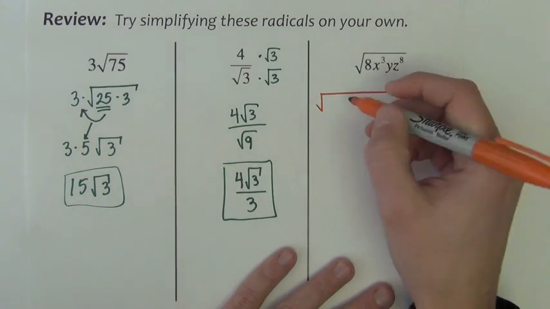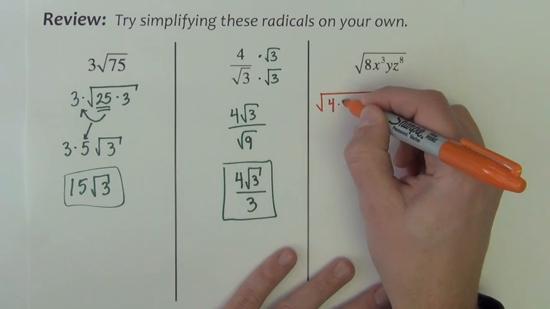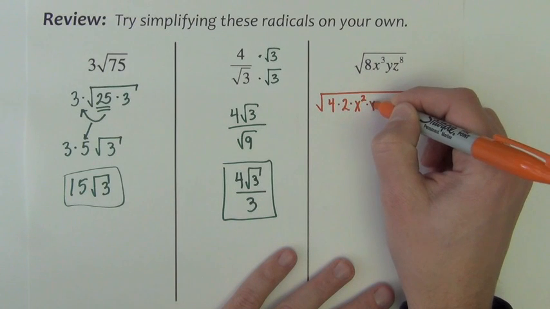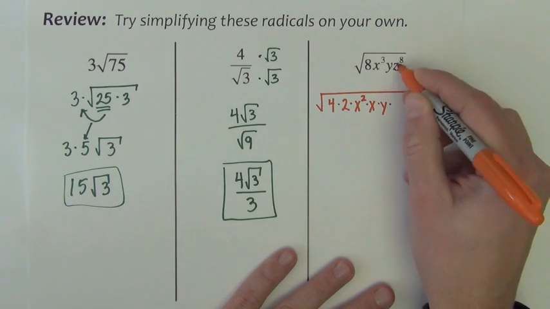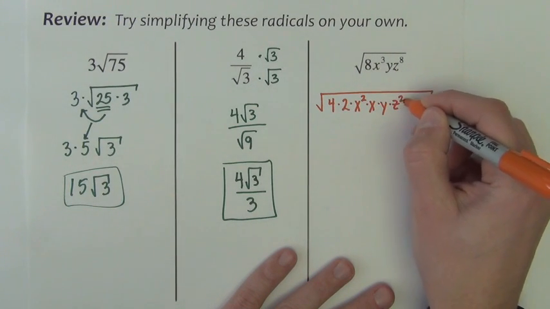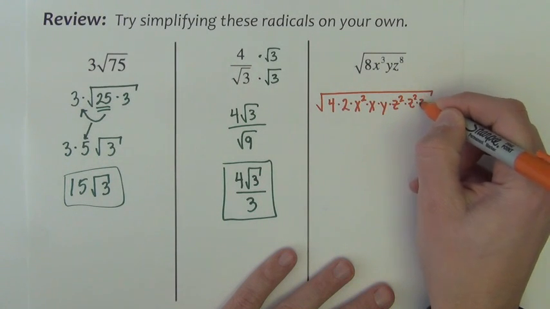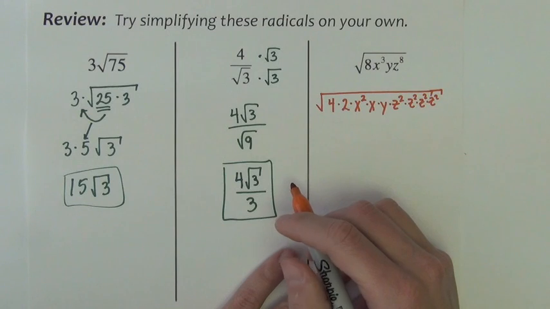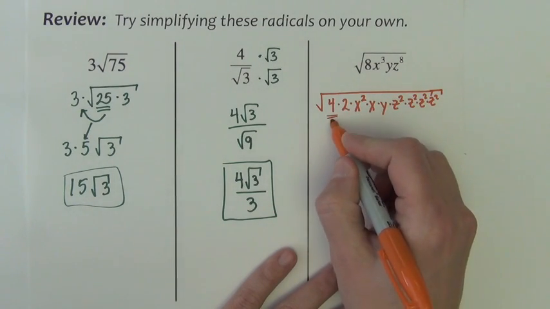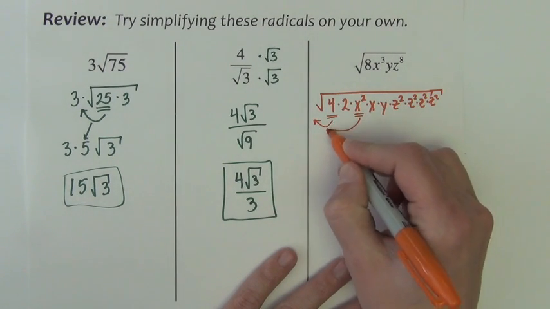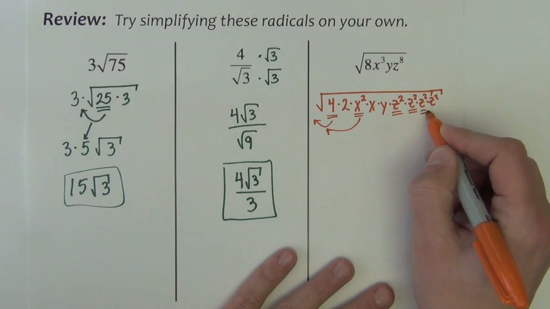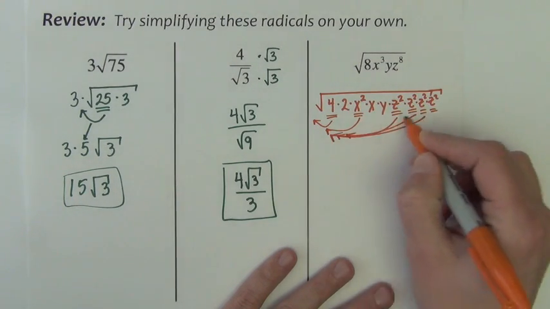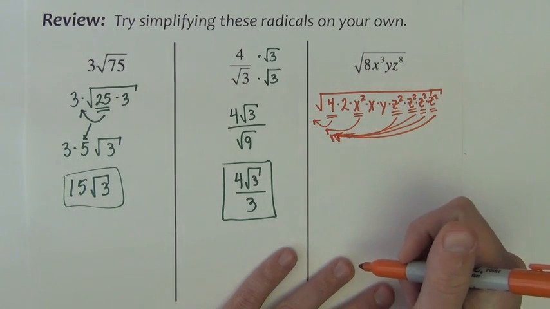Like a big square root here. The 8 is 4 times 2. The x to the third is x squared times x. The z to the 8th is z squared, and we need one more, like that. So any perfect square comes out. All these z's, they all get to come out because they're all perfect squares.